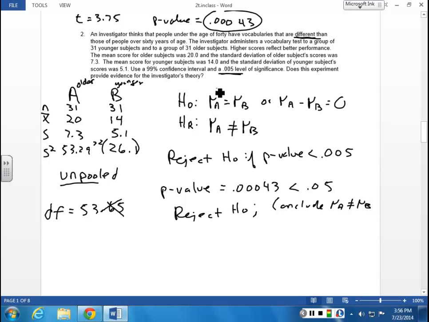We have to stick with the hypotheses that we had to start with. So all we can say is that there is a difference in the vocabularies of older and younger adults.